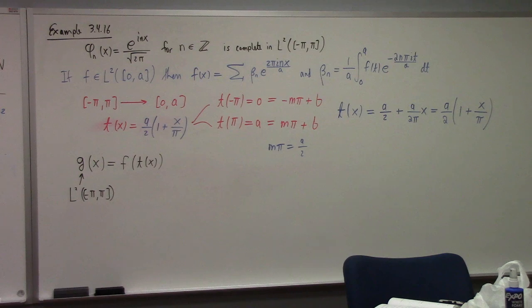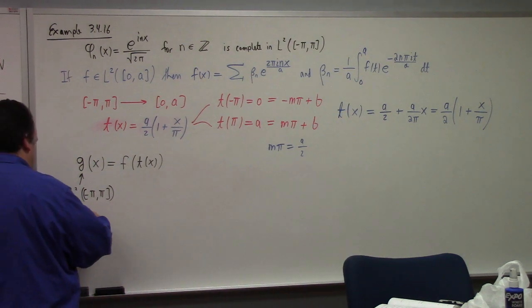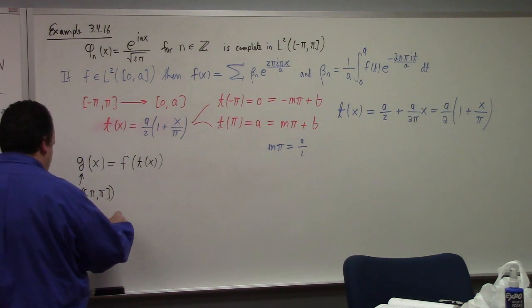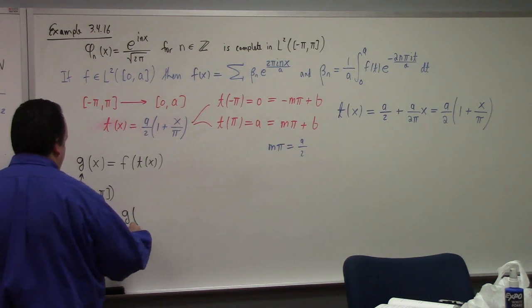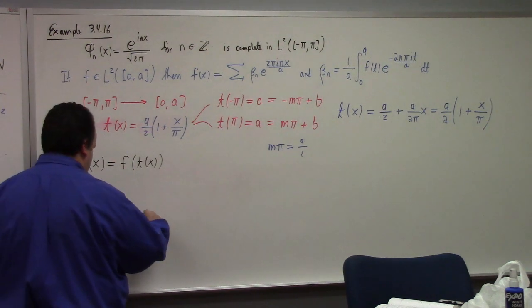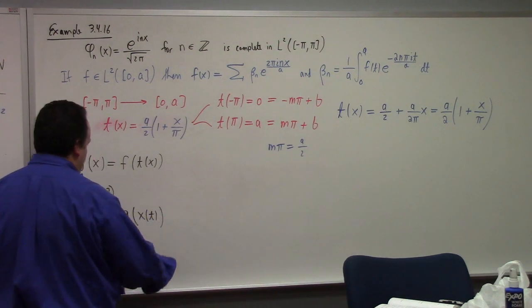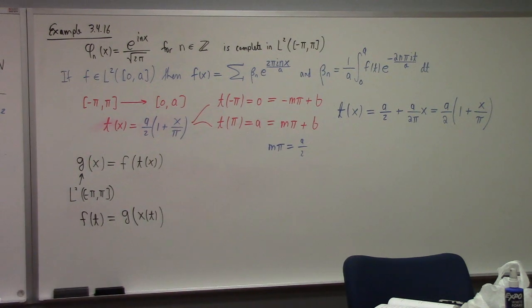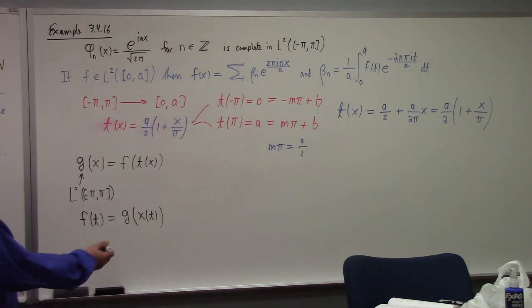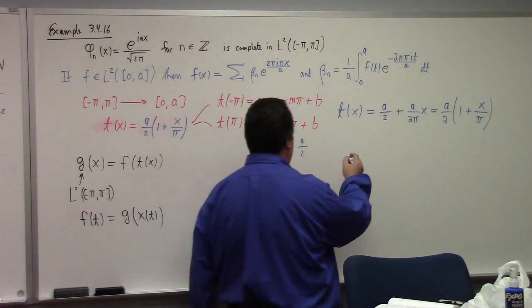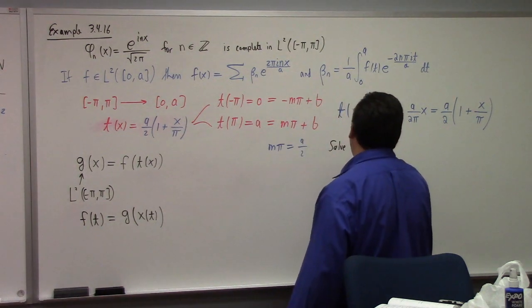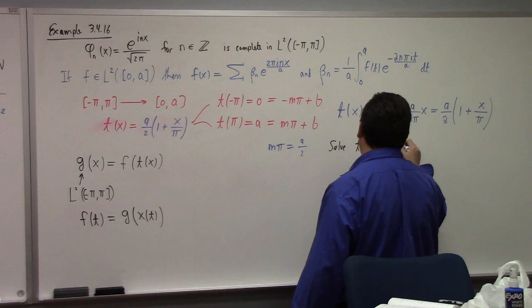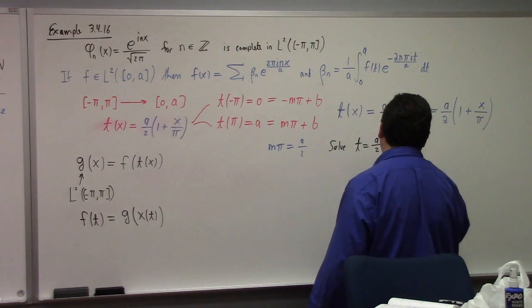Now maybe I should do it the other way around too. How could I write f of t in terms of g of x of t? What would x of t be? It would be the inverse relation. Can you find the inverse relation? Well, I need to solve t equals a over 2 times 1 plus x over pi for x.